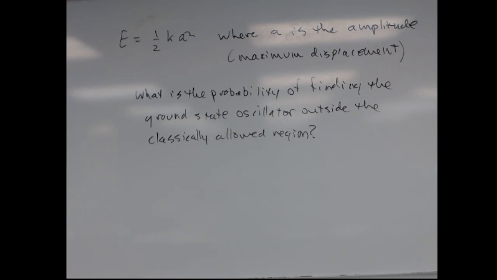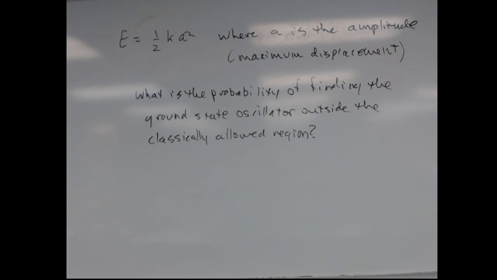This is how we wrote the potential energy curve for the harmonic oscillator, 1/2 m omega naught squared A squared.